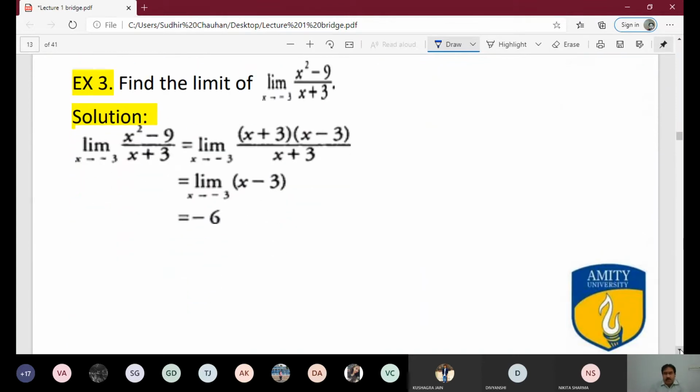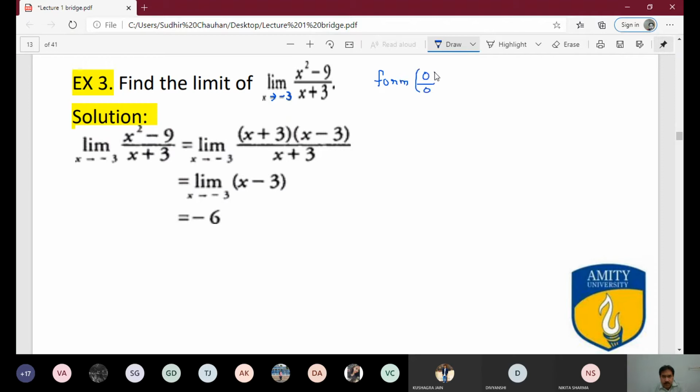Now find the limit of x square minus 9 upon x plus 3, where x is tending to minus 3. If x is tending to minus 3, we simply try to put this. It is 9 minus 9 upon minus 3 plus 3. So we get the form 0 over 0.